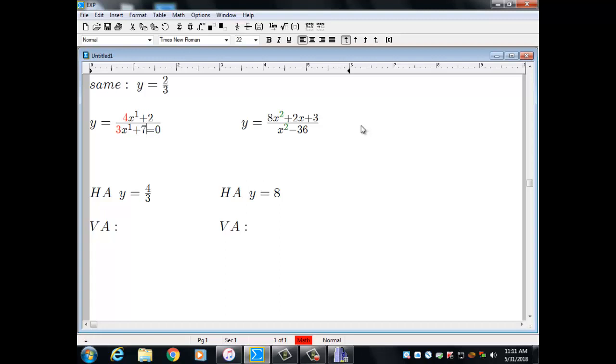Set the bottom piece equal to 0. In this case, it would be 3x plus 7 equals 0, and your vertical asymptote would be x equals negative 7/3.